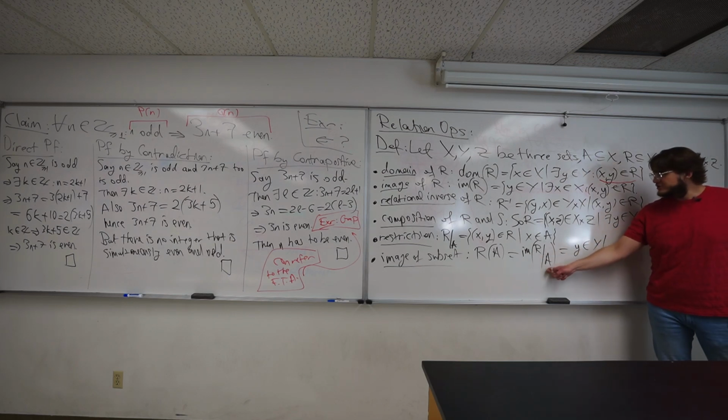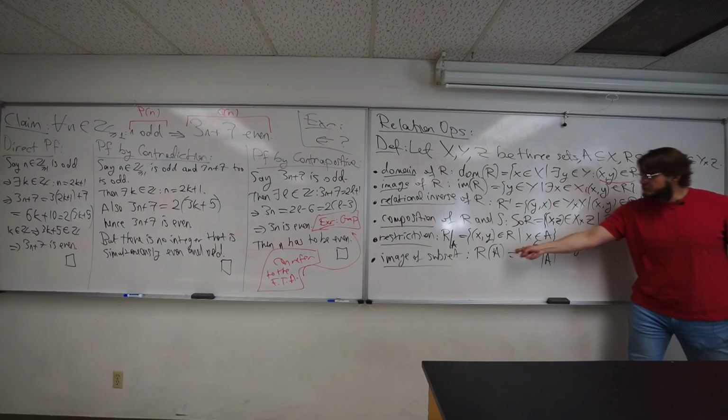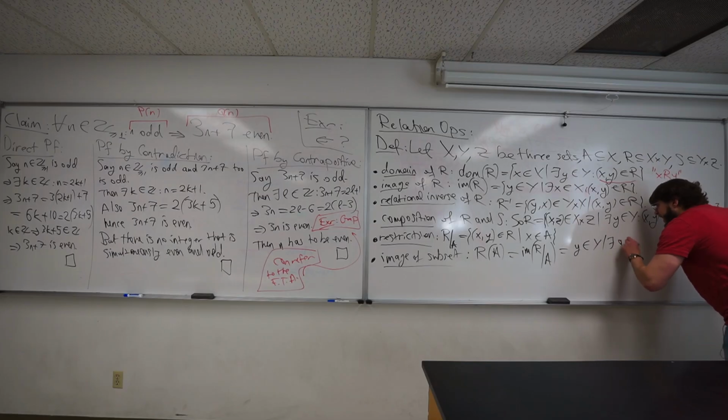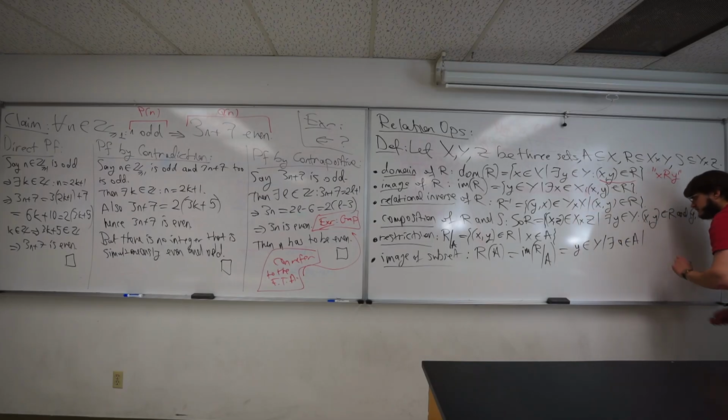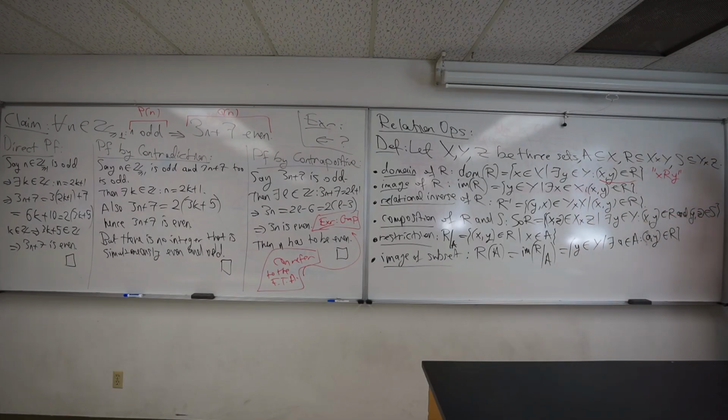Because I'm looking at this restriction, I'm going to take x not in capital X, but in the smaller set A. In other words, y in Y such that there is an a in capital A such that (a, y) is in R. That's a mouthful.